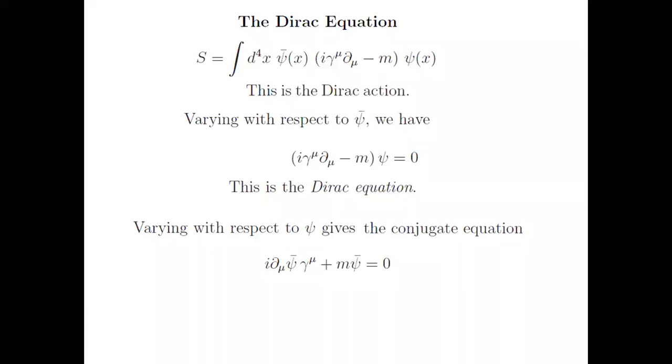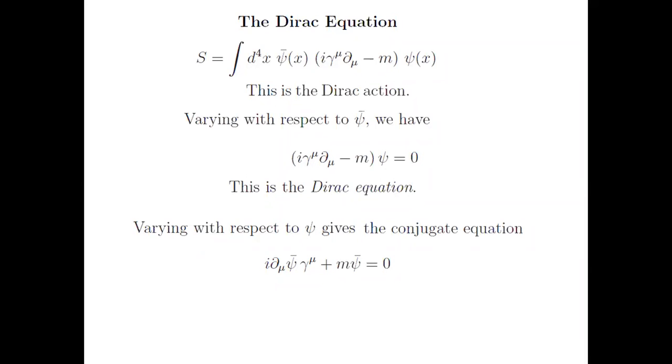What is important is the properties of the gamma matrices. Gamma matrices are very important, and they are fundamental to whatever we do in quantum electrodynamics. There are many representations of the gamma matrices, but I am not going to do them.